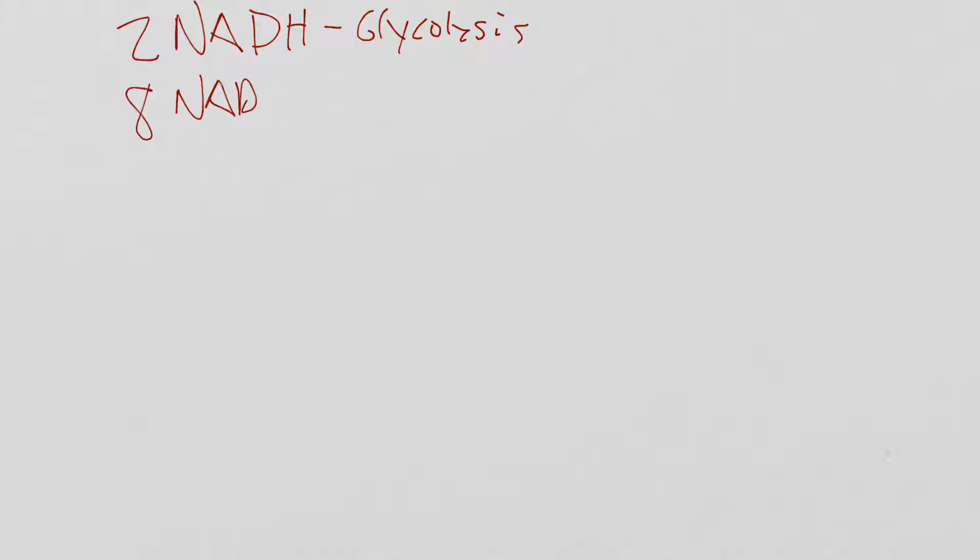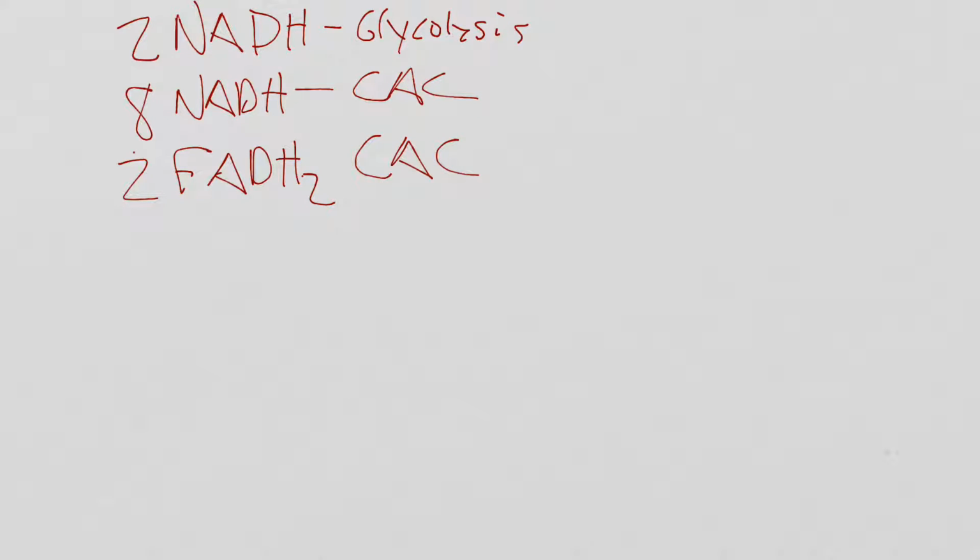So we started out with 2 NADHs from glycolysis, and then we had 8 NADHs from the citric acid cycle, and then we had 2 FADH2s from the citric acid cycle, and that's it.